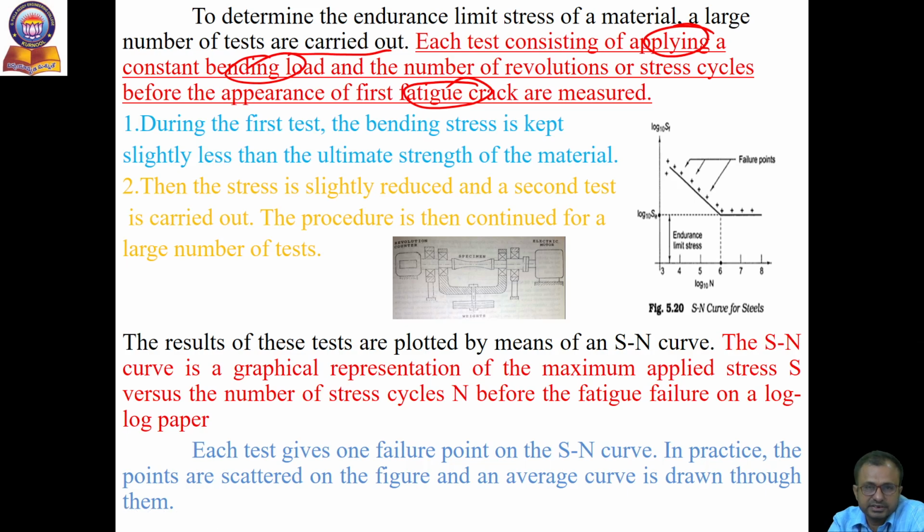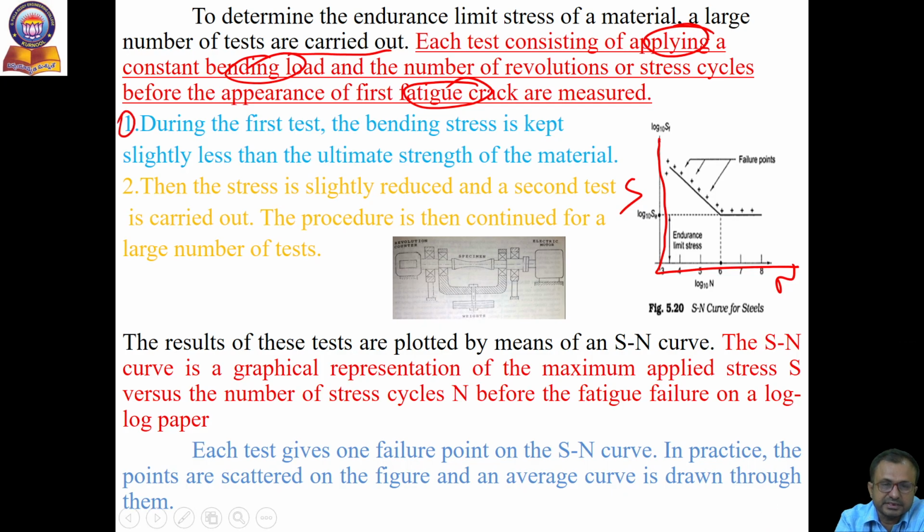Then we start the procedure. First we draw the S-N curve. Here we first assume that the specimen or mechanical component will fail before reaching the ultimate value when that part is subjected to variable loading.